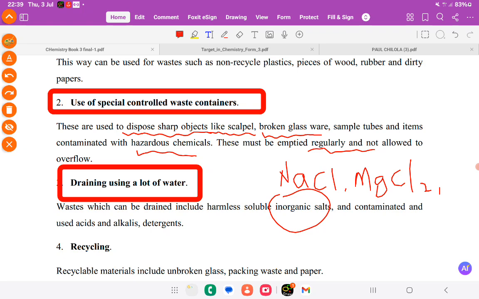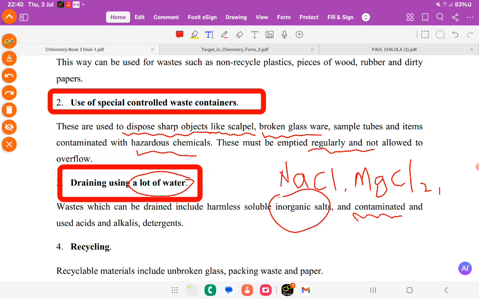Okay. So as you drain this into the water sinks, you need also to dilute them by adding a lot of water. So you let this run into the water sinks and then drain into the waste water system with a lot of water.